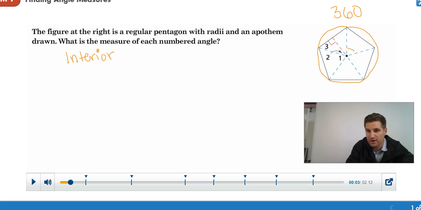Notice it's broken up into 5 parts: 1, 2, 3, 4, 5. To find the interior angle, all we have to do is divide by 5. We take 360 degrees, divide it by 5, and that's going to give us what we call the central angle.